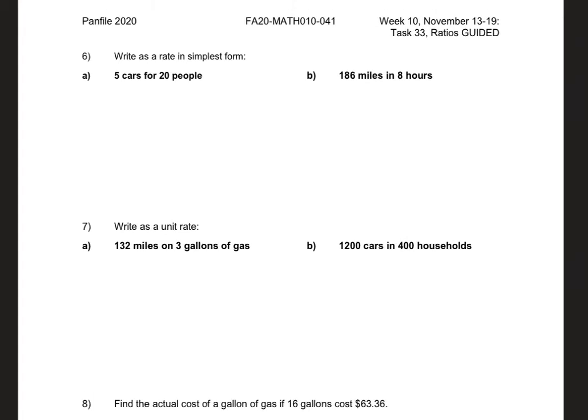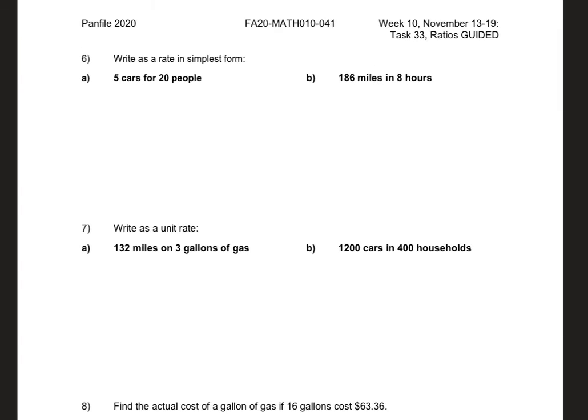All right. So if we're writing now a rate, if we're thinking about a rate, what does that mean? Okay. Five cars for 20 people.